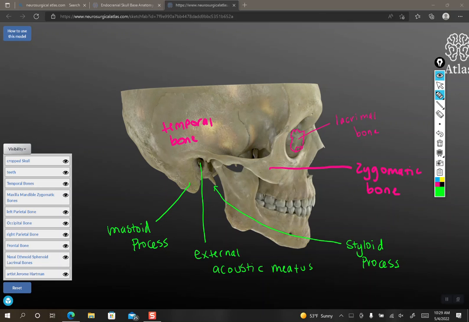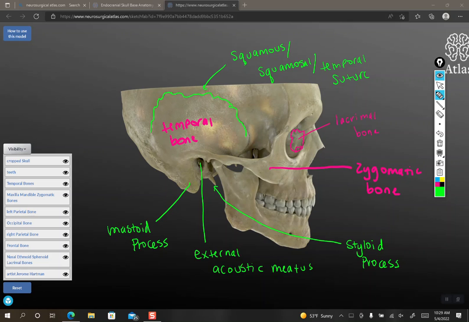We've also got, I'm just going to outline it here. The squamous or squamosal, slash temporal suture.